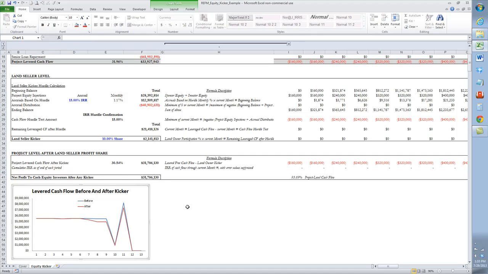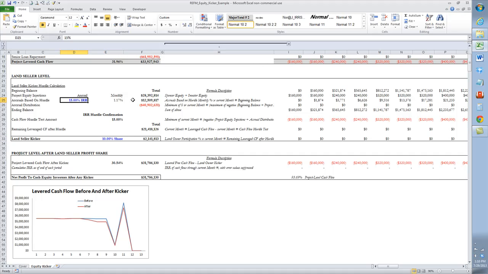When we take a look at the graph, we see the divergence between these two levered cash flow lines, the blue line being before the payment of any kicker and the red remaining levered cash flow after the payment of the kicker. So naturally, if we were to change this input and the share input, we should see these lines change.